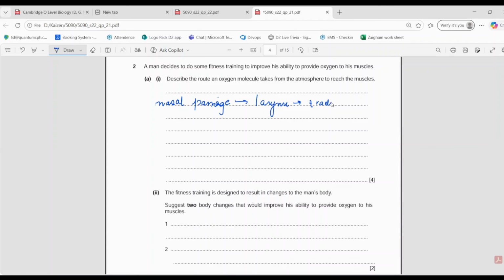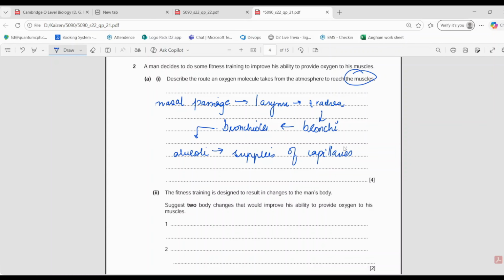Trachea, and then from trachea to bronchus, then bronchioles, and then you have to use a scientific term, alveoli, and then from alveoli you have to reach the muscles. Supply of blood vessels, capillaries, which then take them to the muscles.